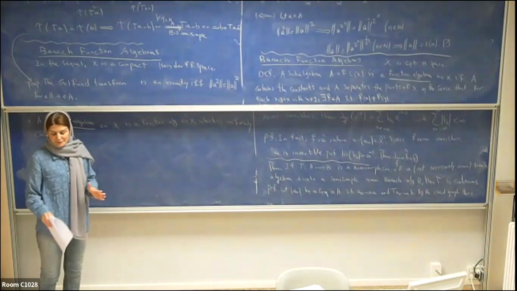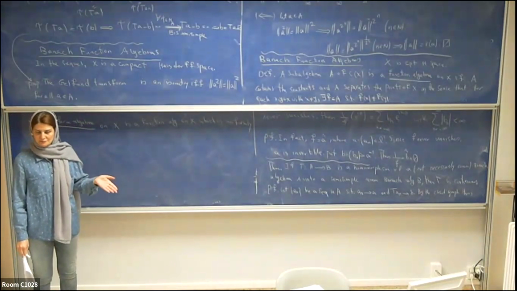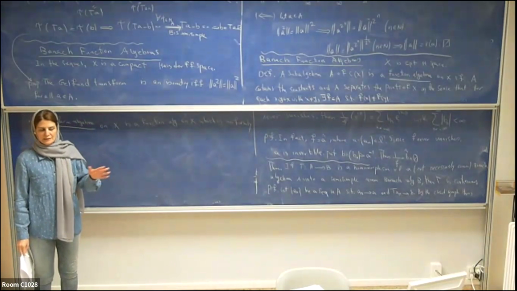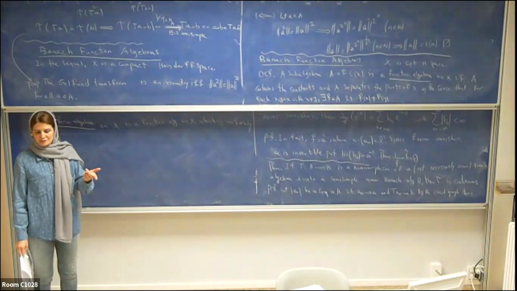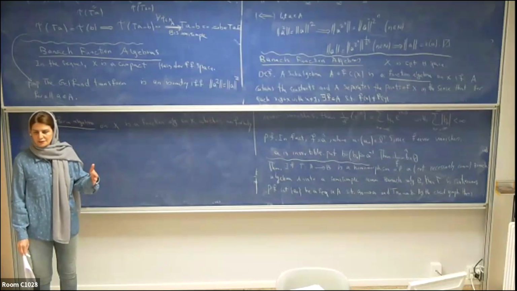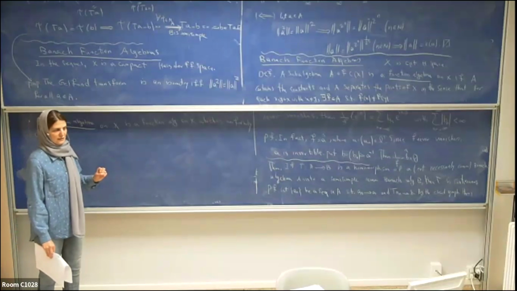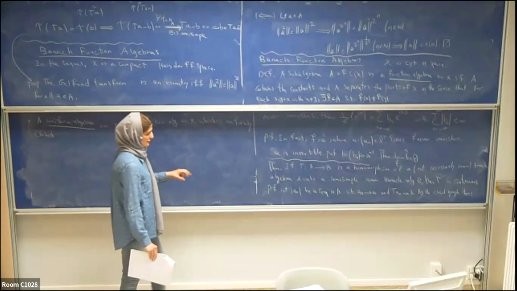They separate the points, of course. C of X, because of Urysohn's lemma, separates the points. For the disk algebra, you have the inclusion map, z of alpha is alpha, so it separates the points, and of course it contains the constants.